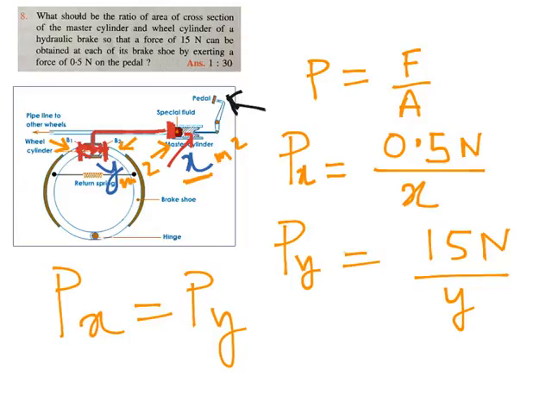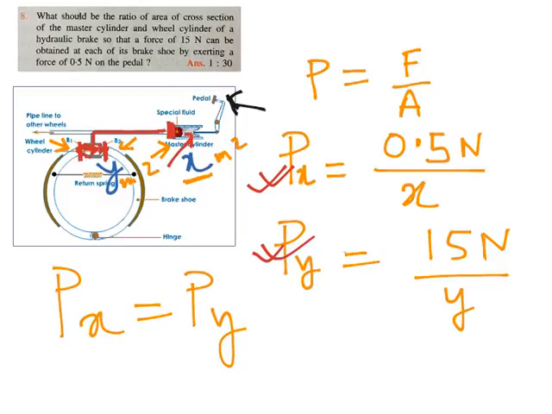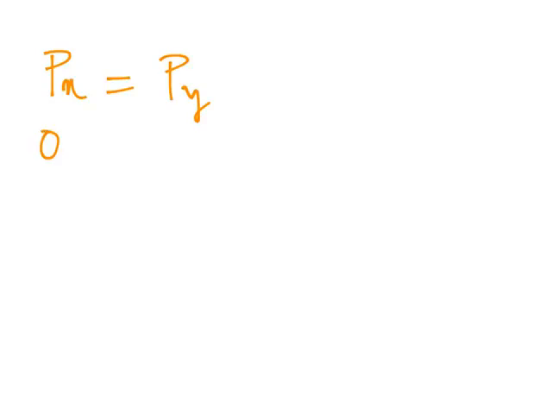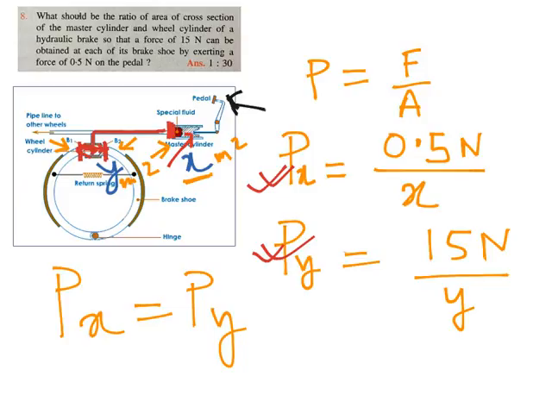So Px equal to Py, where Px is nothing but 0.5 Newton by x, and Py is nothing but 15 Newton by y.